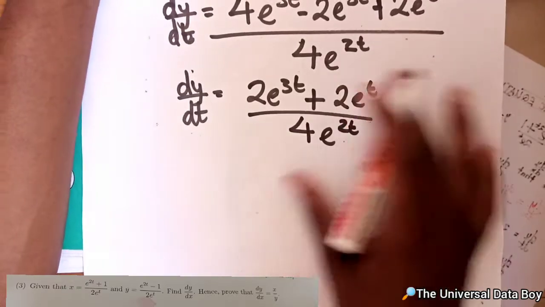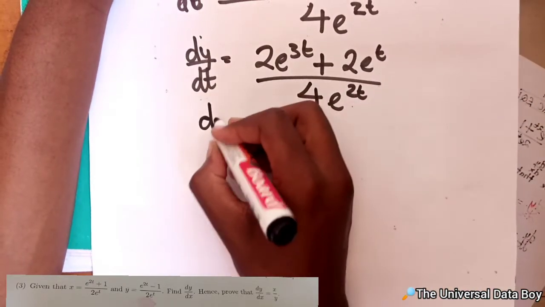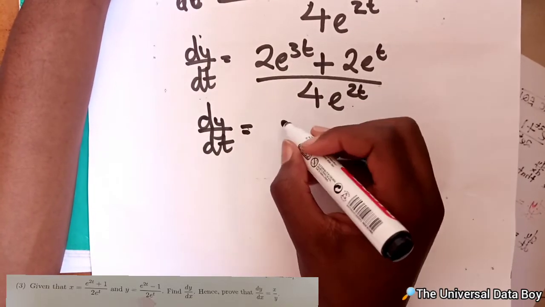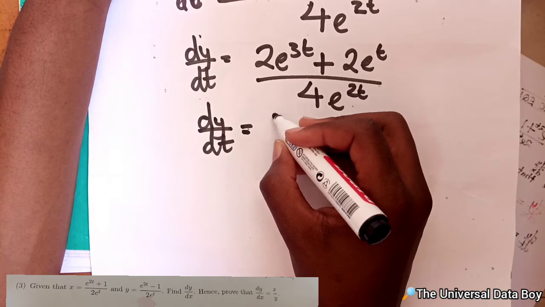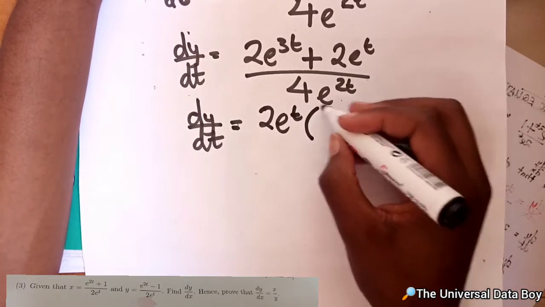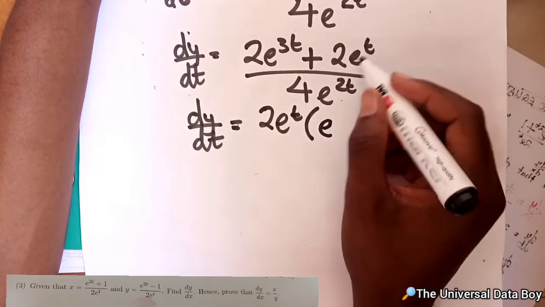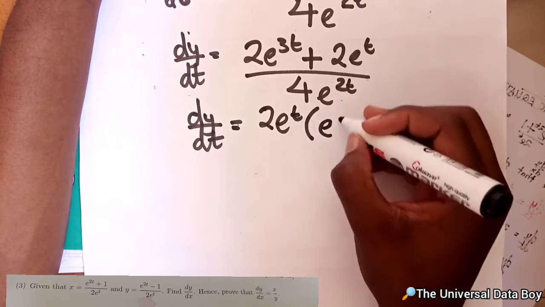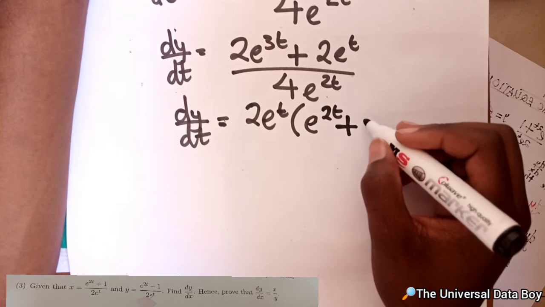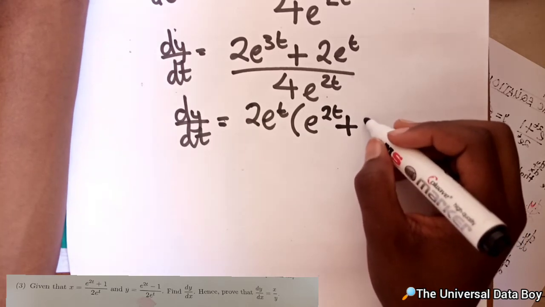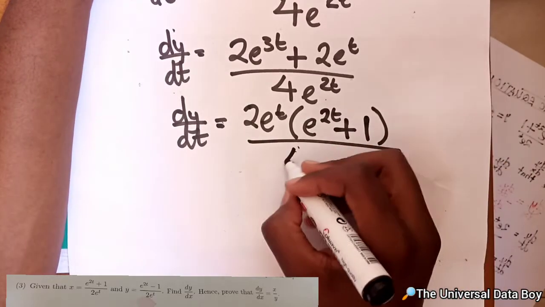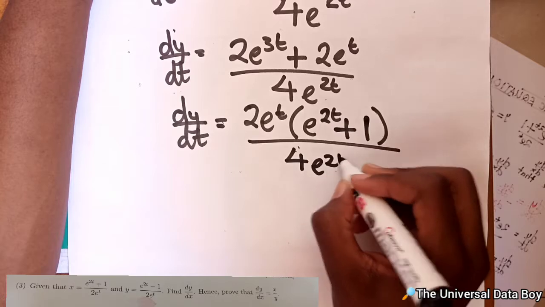Now here, since there's something in common, we can evaluate by saying dy by dt is going to be equal to, we're going to get the 2e to the power t. So in here we're going to remain with e. Since we're going to remove 1e to the power t, we're going to remain with 2e's to the power t. But then here we're going to get 2e to the power t, so we're going to remain with 1 over 4e to the power 2t.